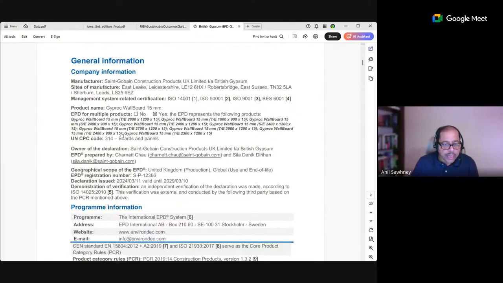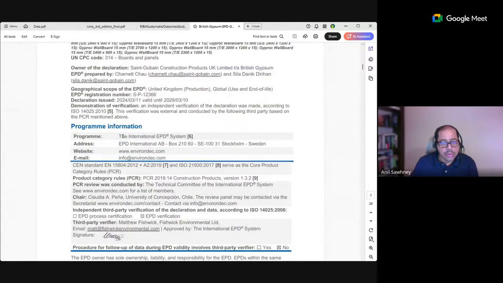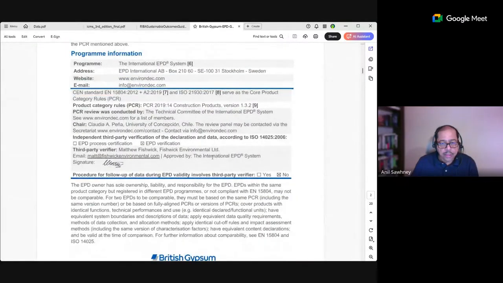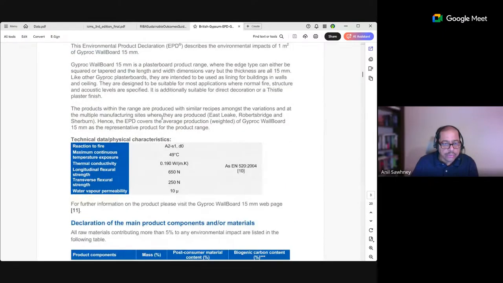You know, the manufacturer. You should see that it is not third-party verified. They are using a PCR. Once again, all that good information. You will see it's not saying it clearly here, but it's for 1 square meter of Gyprock, which is 15 millimeters thick.